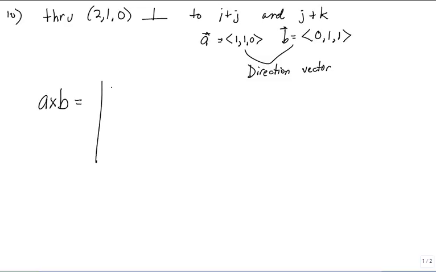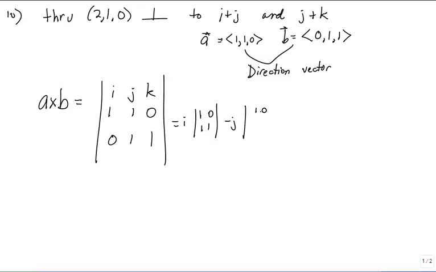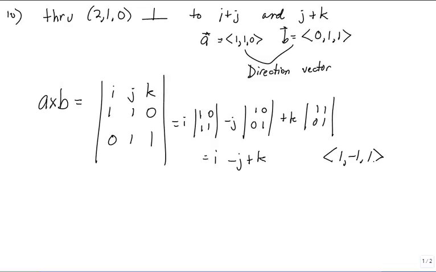That's going to get us a vector orthogonal to both A and B. And that's going to be i minus j plus k, which is the vector (1, -1, 1).